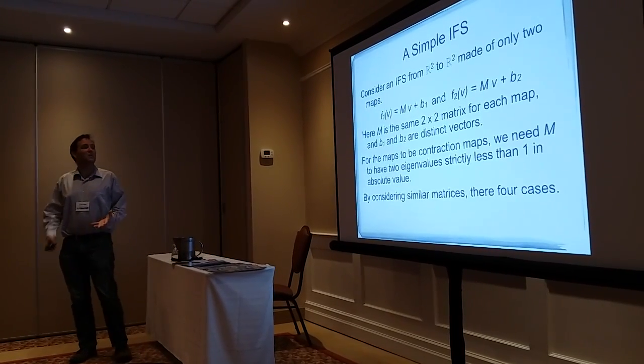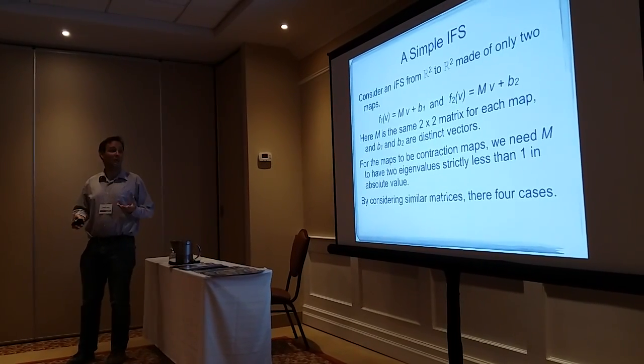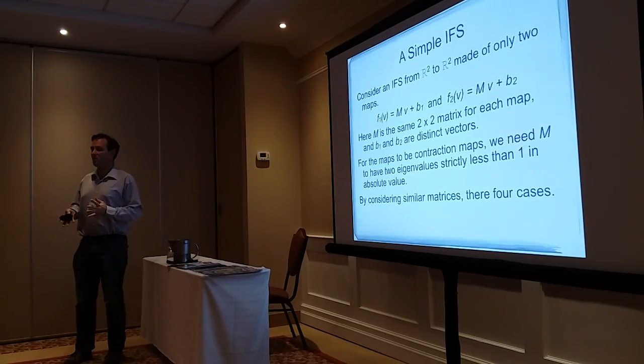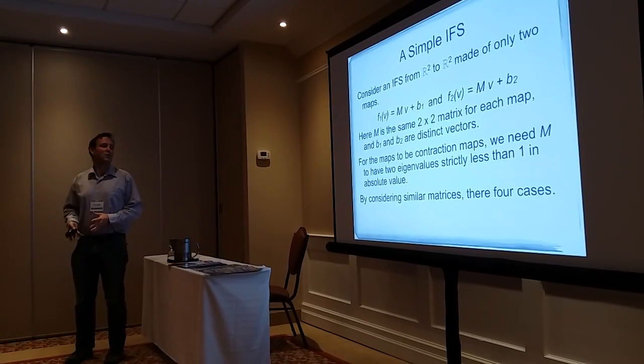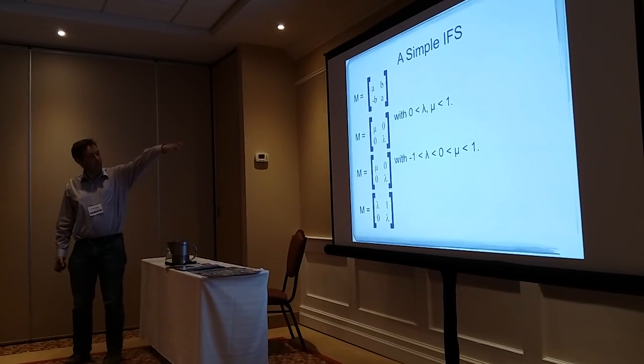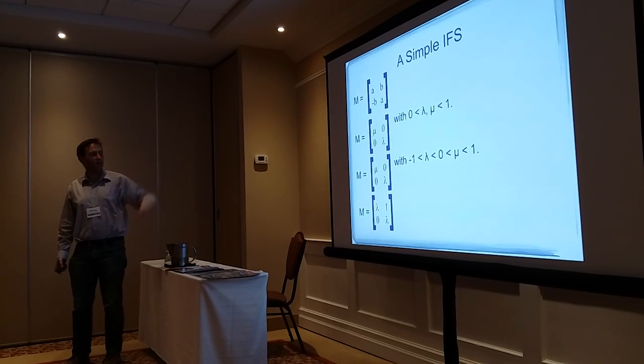If these maps are going to be contraction maps, the eigenvalues of M have to be less than 1 in absolute value. And if they're less than 1 in absolute value, there are only a couple of cases. They could be complex eigenvalues, A plus Bi and A minus Bi, in the first case.